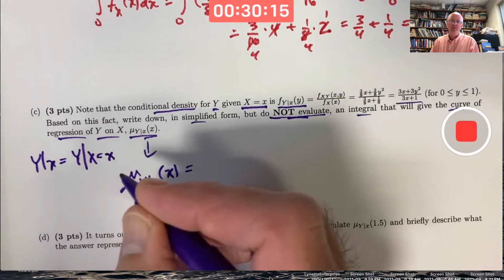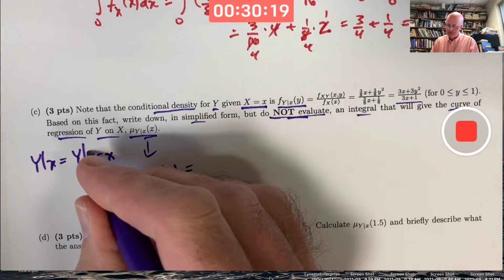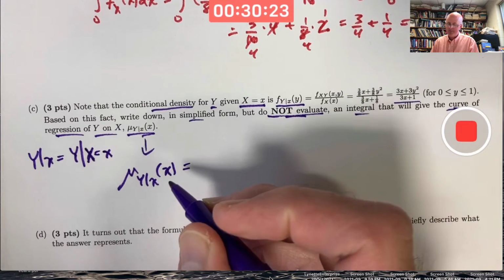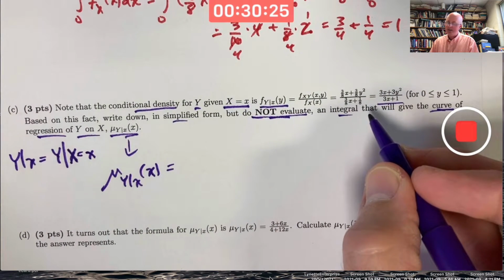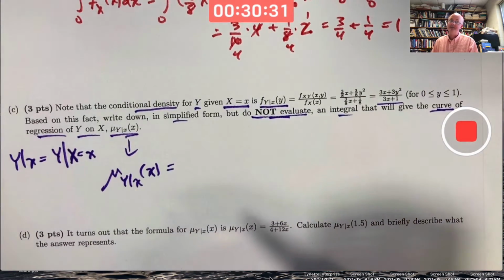What's the distribution of y when capital X is known to be little x? The random variable is a y value, but its mean does depend on x. And so ultimately, this is a function of x.